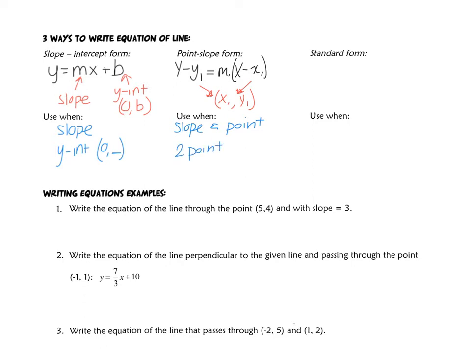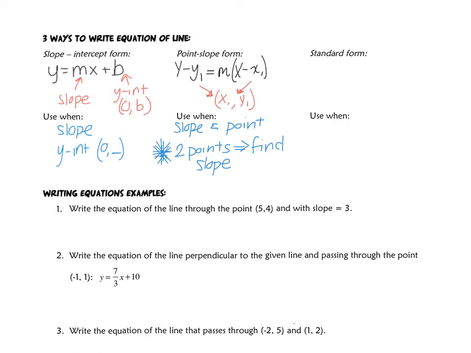The reason why you're going to use it when you're given 2 points is because you can easily find slope from those 2 points, and then you can use either point to write your equation. Okay, so maybe star that. That's when you'll use point slope.